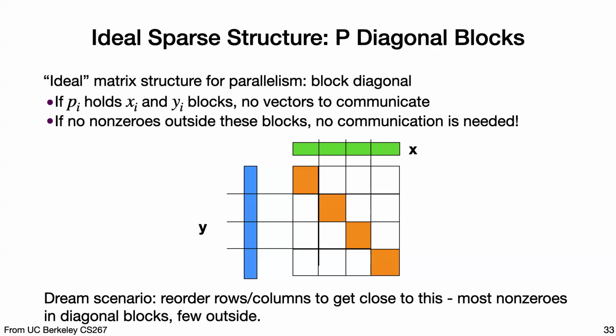In that scenario, you wouldn't need to communicate any entries of X, because this processor would have this part of X, this processor would have this part of X, this one would have this part, and that would be it. Everybody would have what they would need to compute the end result in Y.